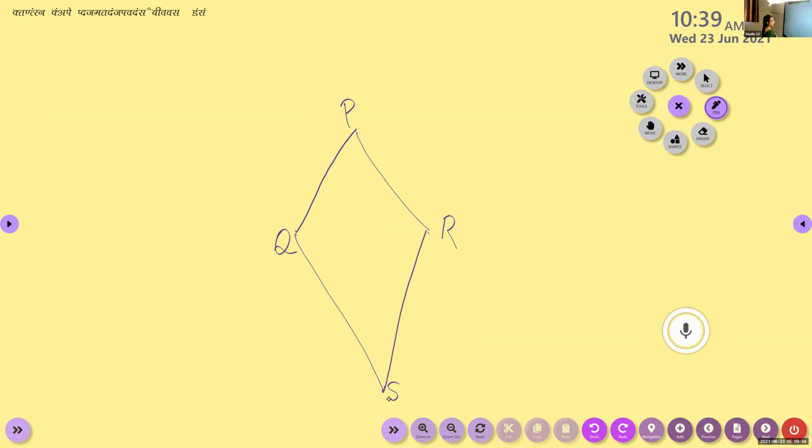Which of the angles are equal for a kite? Q and R are equal. And what about the diagonals? The diagonals are PS and QR. Is there any property on diagonals?